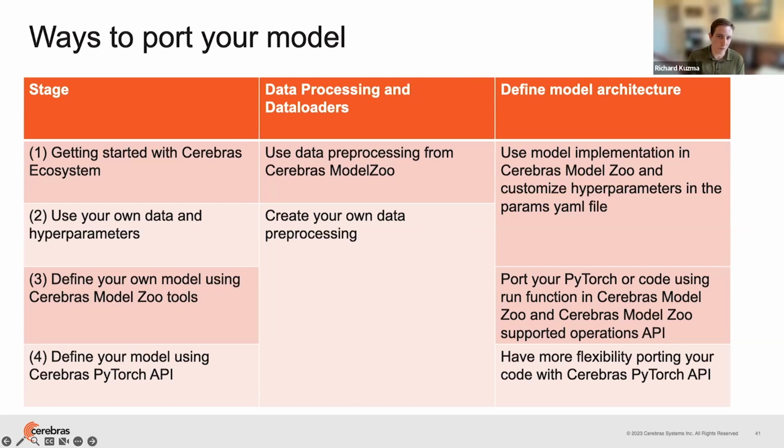So step one, first row, if you're getting started with the Cerebras ecosystem, if you're using one of our Hello World tutorials, then we recommend using the data processing and data loaders that are available straight out of Model Zoo. We offer these optimized data loaders that work with standard formats and public data sets that you may want to bring in. Maybe it's not a data set, or it is one that's commonly used, but maybe not common to us.